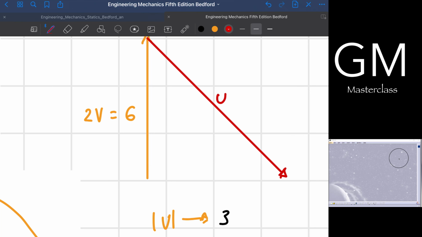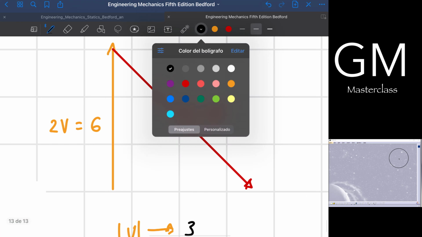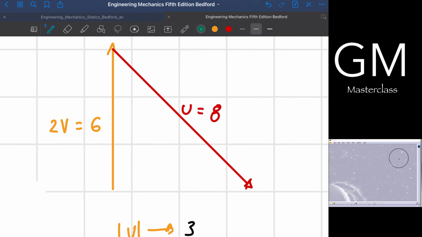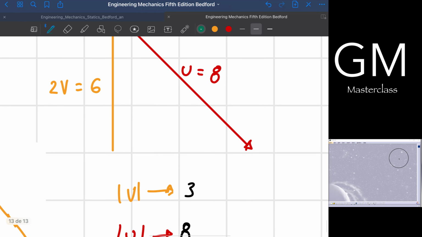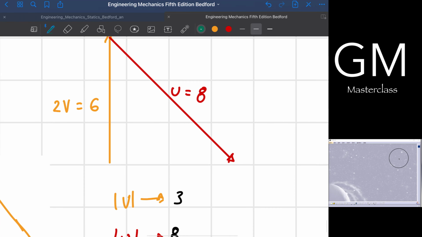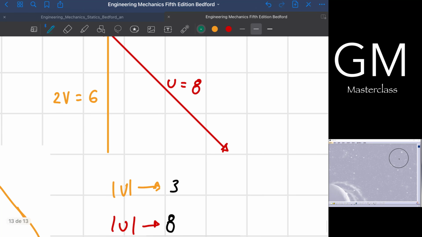And this vector is u, which is equal to 8. Now the solution, I'm going to write it down with green, will be the connection of tail with tail and head with head.